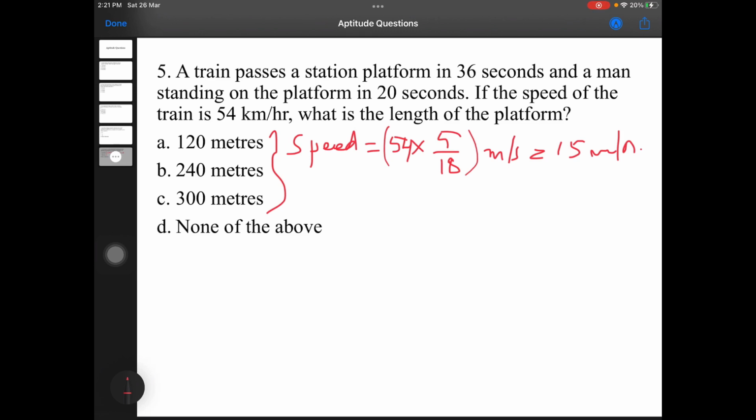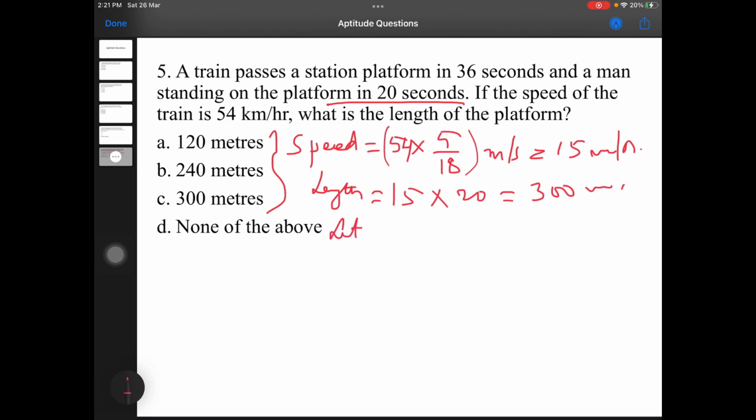And then the length of the train will be speed multiplied by time. The speed here is 15, and the time is the time taken by the train to cross the man, which is 20. So the length of the train is 300 meters.